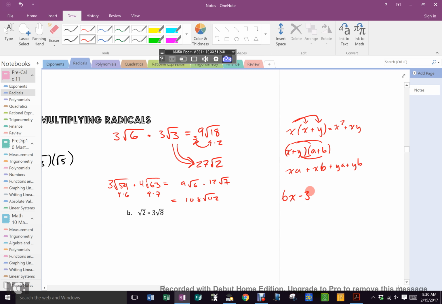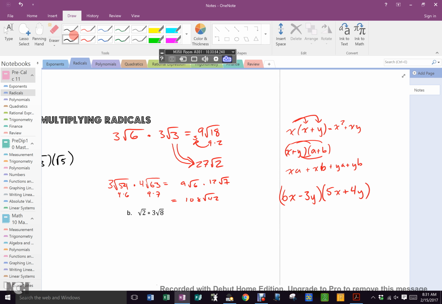6x minus 3. Actually, I'm going to make it the hardest kind possible. 5x plus 4y. There are plenty of shortcuts to FOIL. Learn them yourself. The way that always works is actually doing it. At your guys' level, by grade 11, you can probably do it in your head.